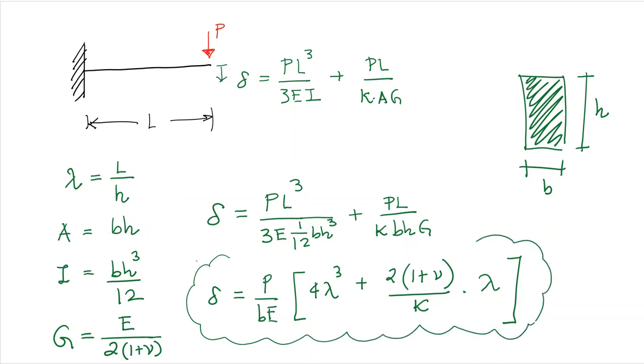One of them being the slenderness, which is L divided by H, and we're going to call that lambda, and the Poisson ratio, the shear area constant, and so on.